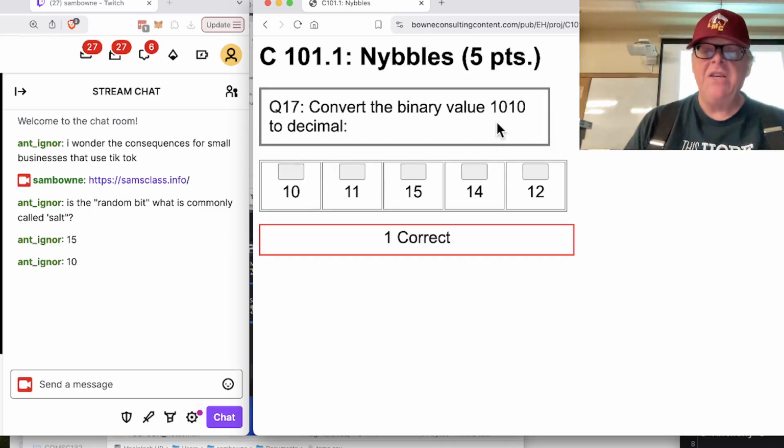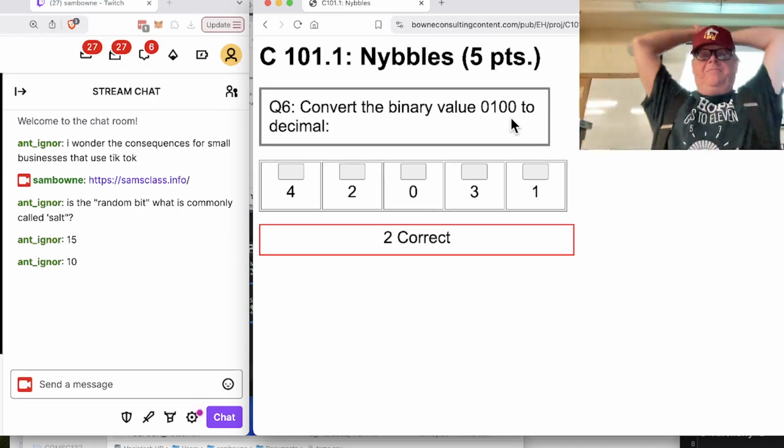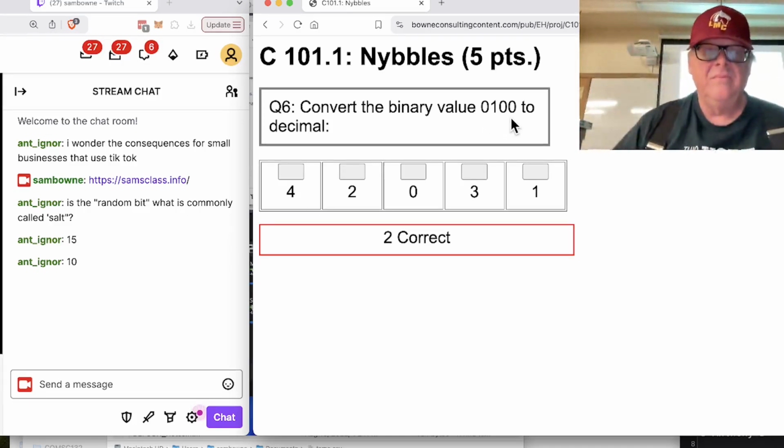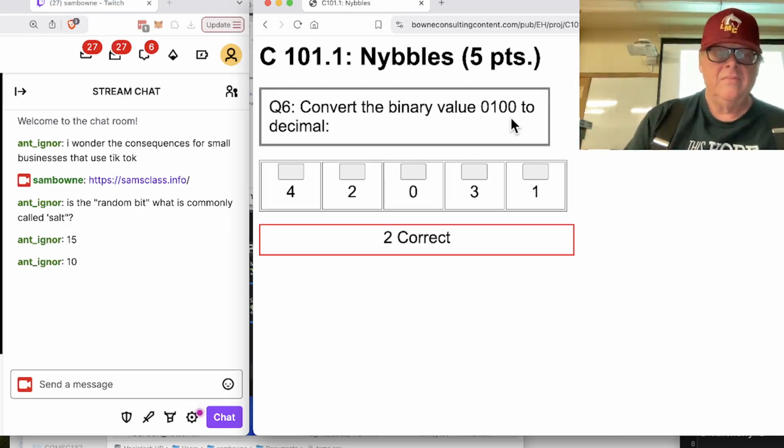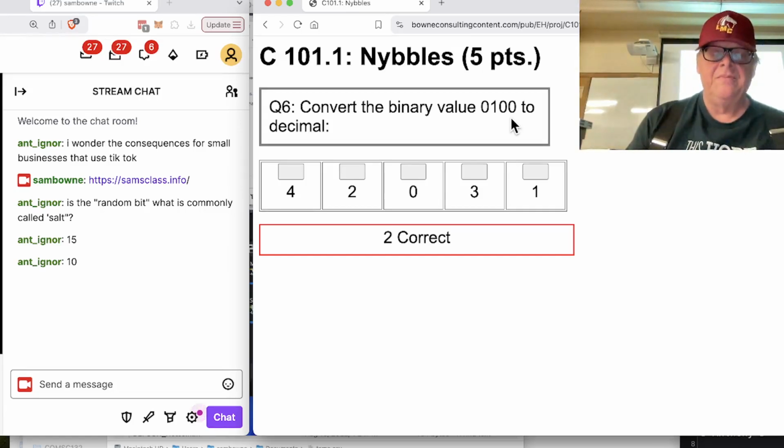Good. Because it's 8, no 4s but a 2. And how about this one? 1, 0, 0. It's a little slow because I think there's a lag in Twitch. Okay, that's 4. That's correct.